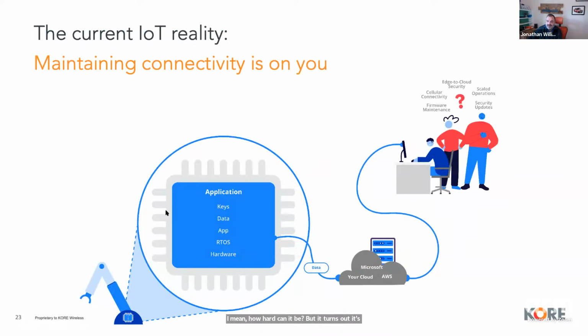If you think about it, it's not really just one device connected to one cloud and the data with that. When you've got multiple devices and a DevOps team, you've got to worry about security, you've got to worry about operations, you've got to worry about making sure those devices stay online.